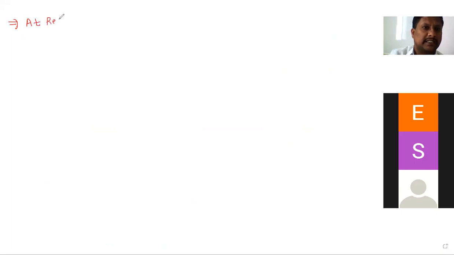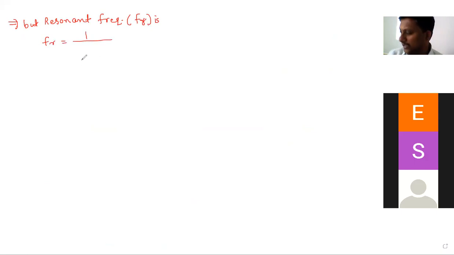At resonant frequency, the resonant frequency FR is given by, FR is equal to, what is the formula for FR? 1 upon 2 pi square root of LC.